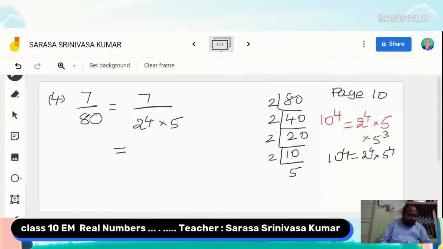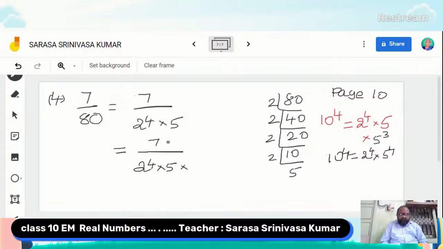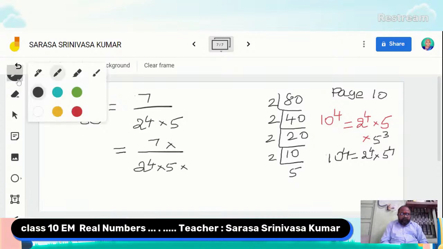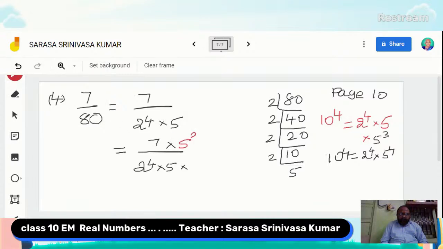Now by which number should it be divided and multiplied? So now in the next step, I write 7 divided by 2 power 4 multiplied by 5, multiplied by, I write it in red color, 5 power 3, 5 power 3.